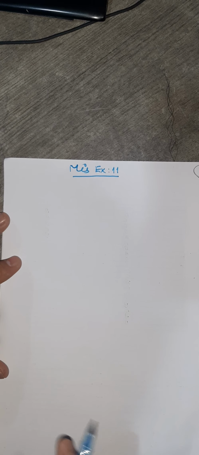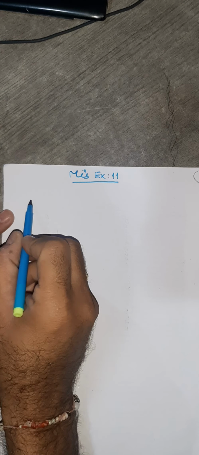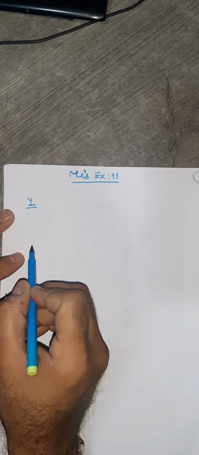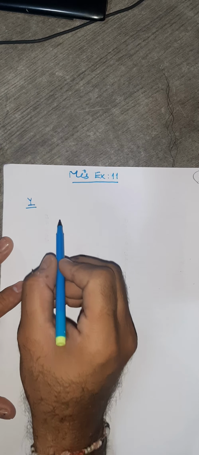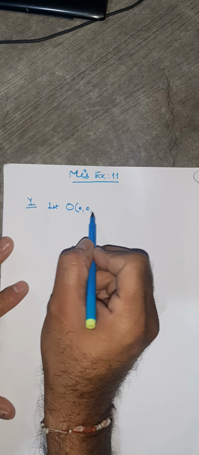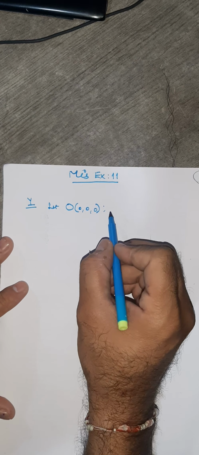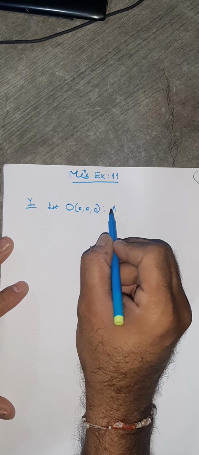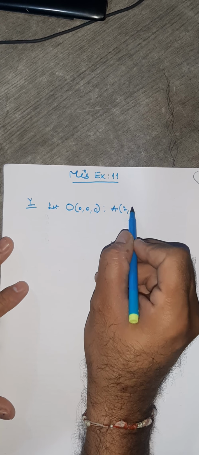Miscellaneous exercise 11. Question number 1. Show that the line joining the origin, so let origin be (0, 0, 0), the null vector, and the point (2, 1, 1), I'll take that as A, (2, 1, 1).